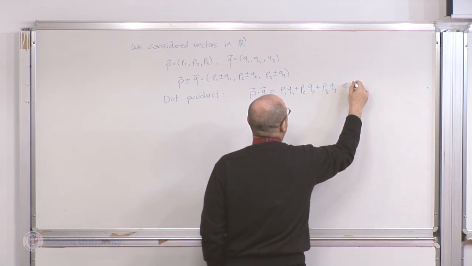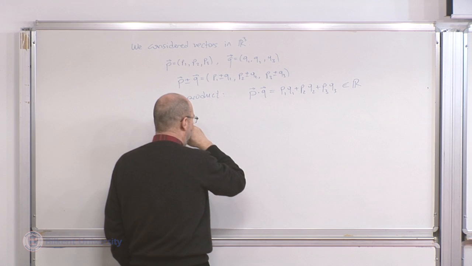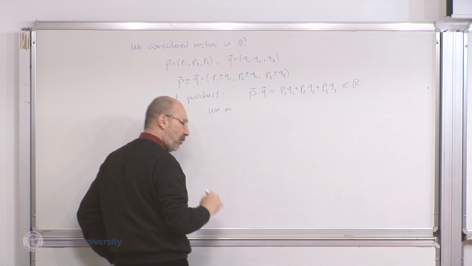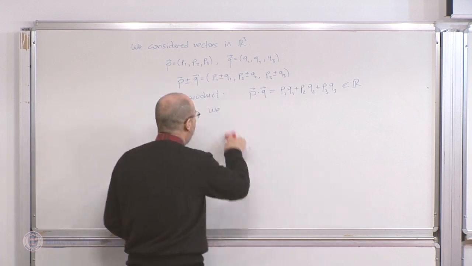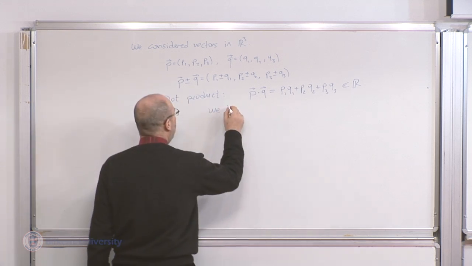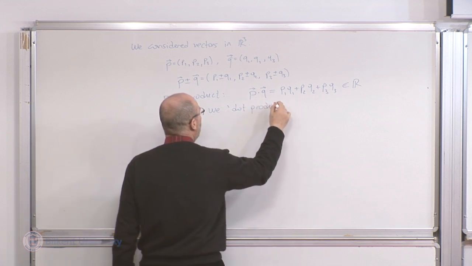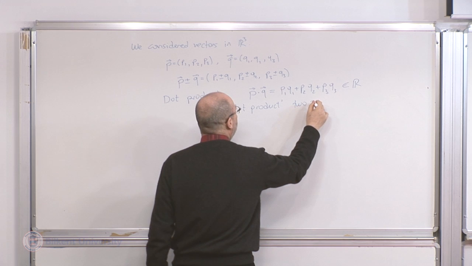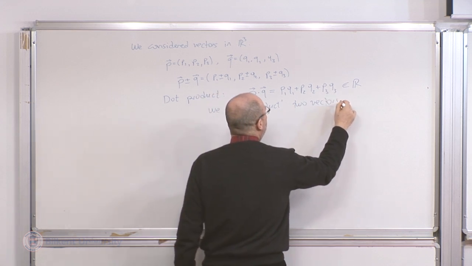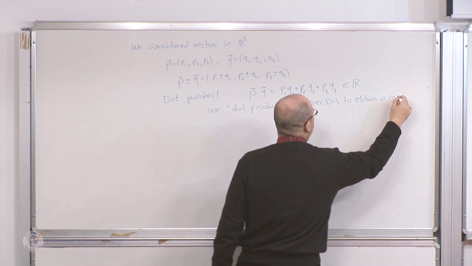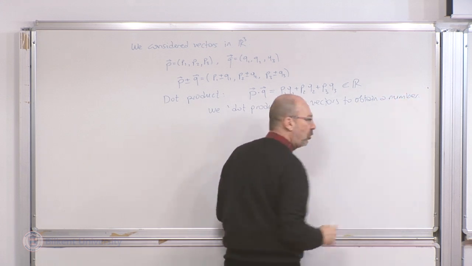Observe that this is a number. We dot product two vectors to obtain a number. We don't obtain a vector.